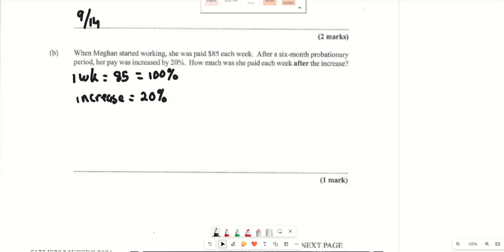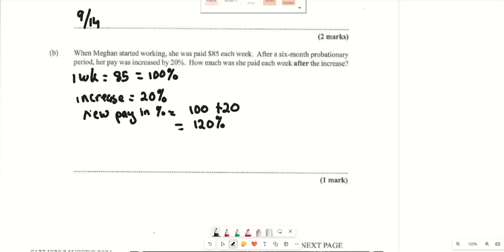So basically they're telling you for her what is after the increase. If you have an increase, you have an increase in percentage. So her new pay in percentage would be 100, which is her old percentage, plus 20. So we want to know what is 120%. That is what we're trying to find out.